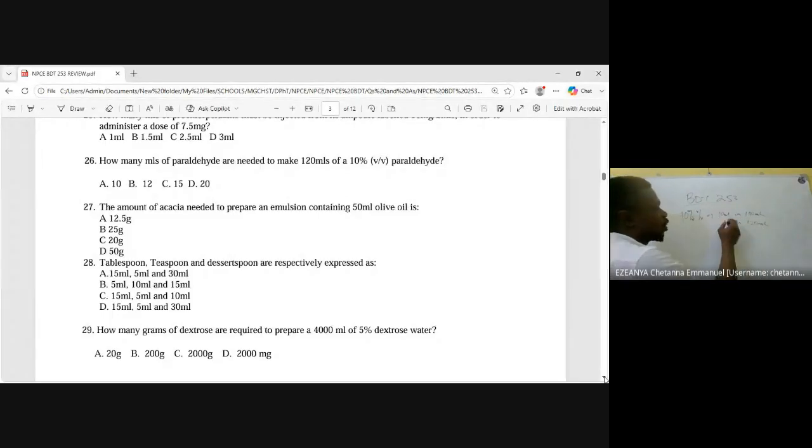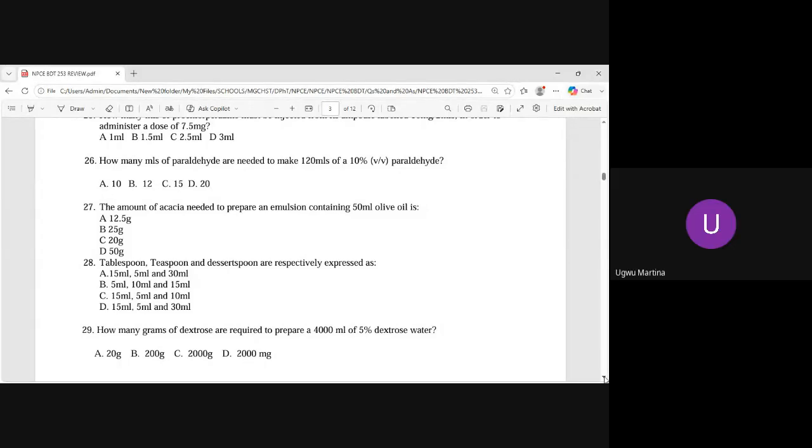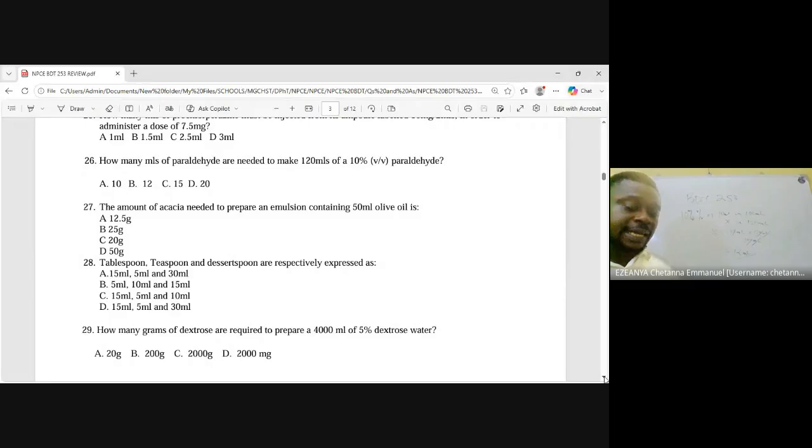We don't know it, so we call it X and make X the subject of the formula. X is 10 mL times 120 mL over 100 mL. We cancel mL with mL, and we are left with 12 mL. So the answer is 12 mL, B. Is that clear?